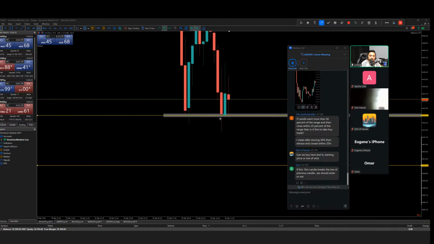So if it's going to break below this low, stop loss could be somewhere here. But look at the rejection, it did not break the low. Suppose the running candle closes between the wicks and the next candle breaks their high. Does it make sense to take entry?